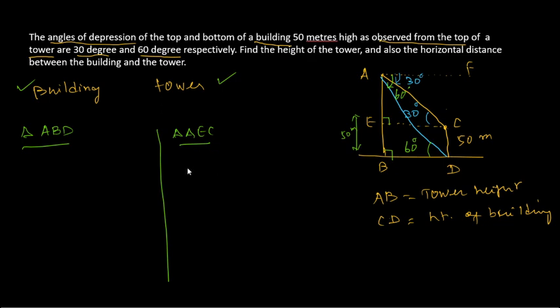Therefore tan 30 degree is equal to AE by EC. Okay. And what about tan 30? Tan 30 is 1 by root 3, is it not? So you can mention it like this. So tan 30 degree is equal to AE by EC, is it not? Right.